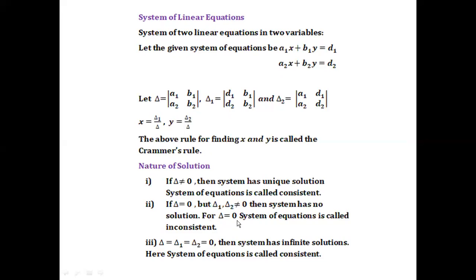For delta equal to 0, the system of equations is called inconsistent. Third, if delta, delta 1, delta 2 are all 0, then the system has infinite solutions. Here the system of equations is also called consistent. So these are the three natures of solutions.